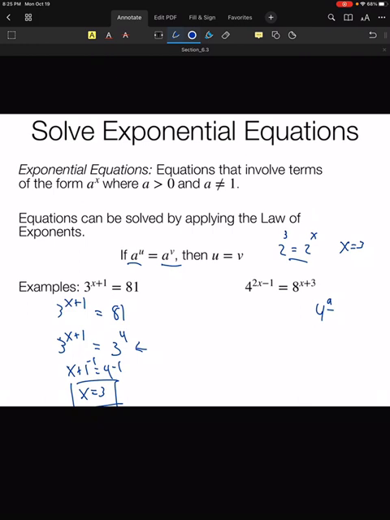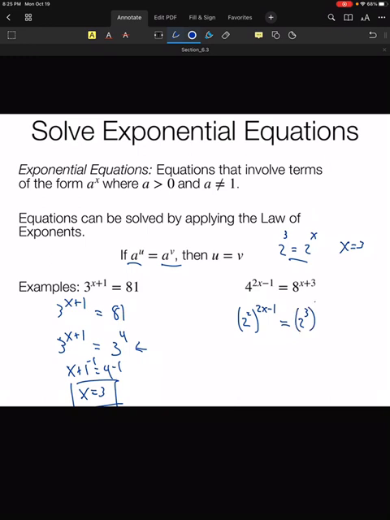So I can't simplify it with base 4, but what I do know is that I could rewrite 4 as 2 squared. So instead of 4 raised to the 2x minus 1, I could have 2 squared raised to the 2x minus 1. And it turns out that 8 is really 2 cubed.